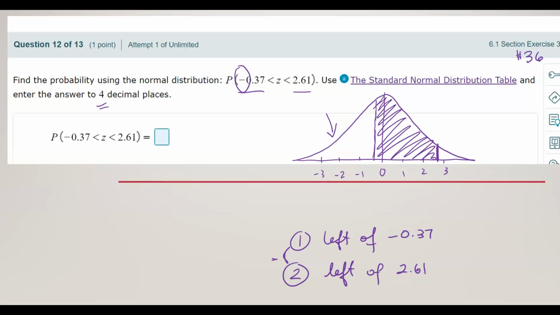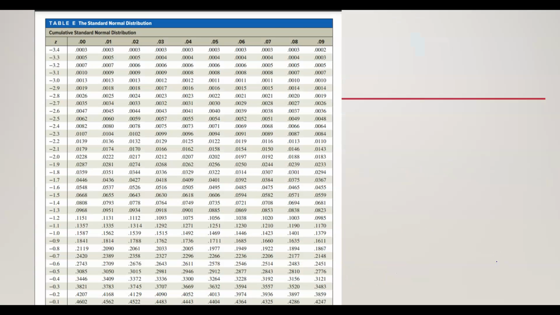All right, let's look at our table. In the homework, you can click on this and it's going to open the table. First, let's go to negative 0.37. Negative 0.0 is down here, 0.3, and then I'm going to go across to the 7 column, which is here.